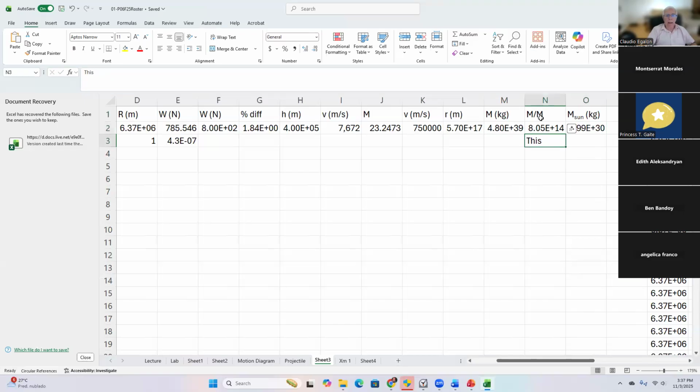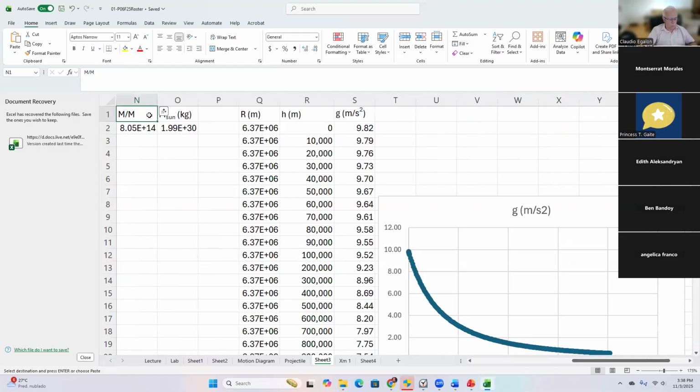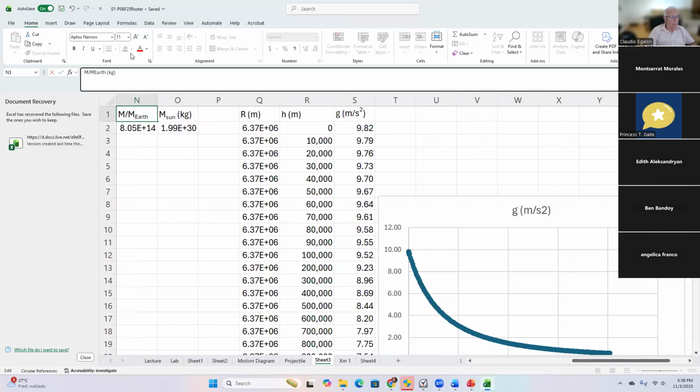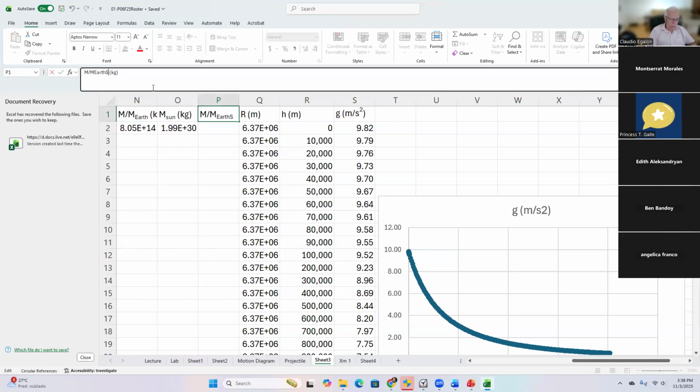And then we divide this mass here by this mass. I'm going to put it here, mass of the Earth. And this one, I'm going to switch to sun.